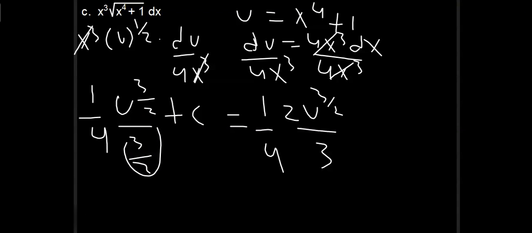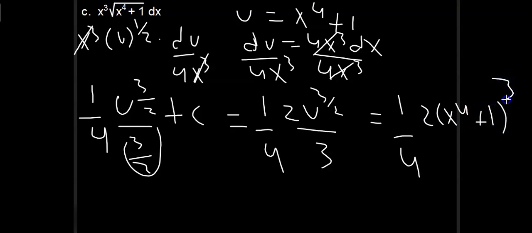And then after that, I'm going to substitute x to the 4 plus 1 in the u spot. So it will be 1 over 4, the whole 2 times x to the 4 plus 1, the whole to the power of 3 over 2, and then the whole over 3.